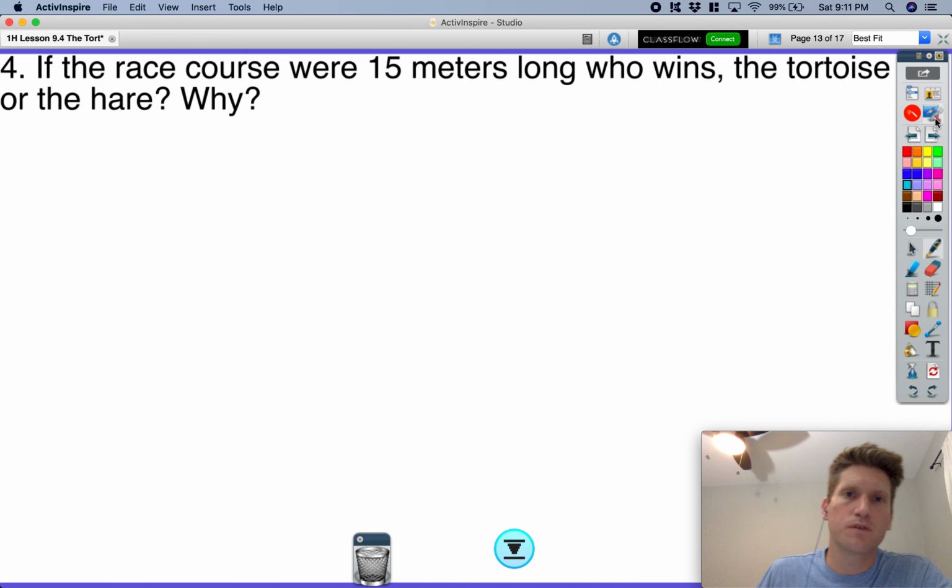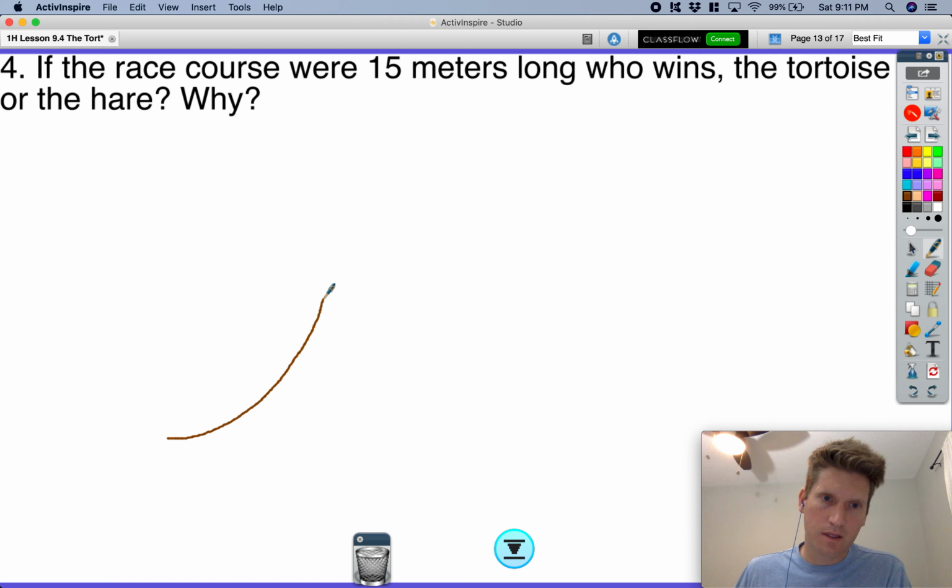Okay, so if the race were only 15 meters, I'm going to do my best to illustrate this again. So if I were to have the hare, which was a parabola, positive domain would look like something like that. While the tortoise, his would look like this.